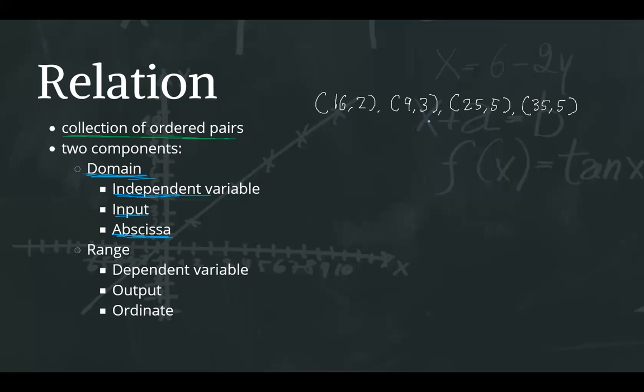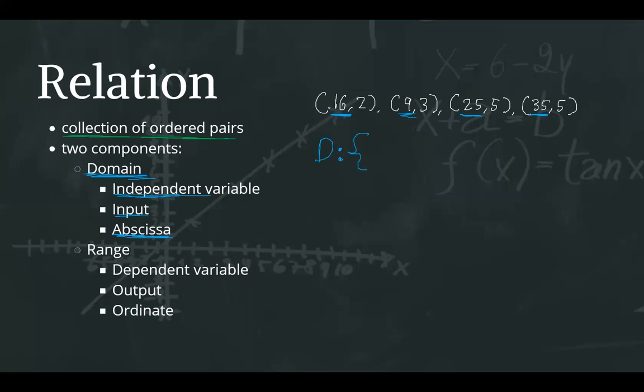The independent variables are always located here on the left part, always. So again, where are the independent variables, inputs or abscissas located? They are located on the left part of the ordered pairs.